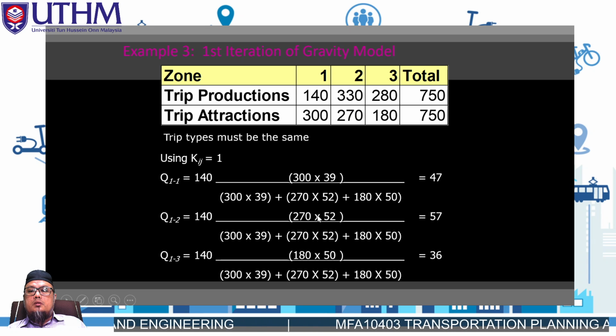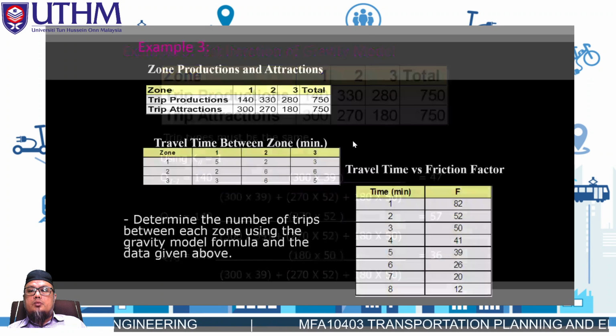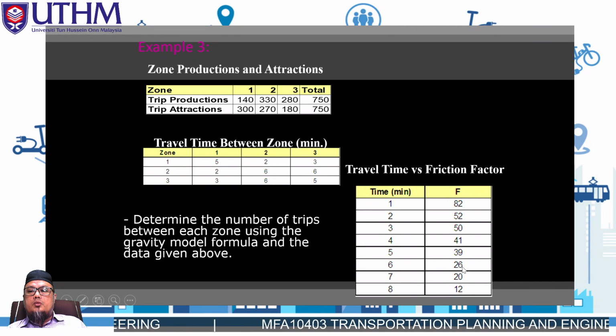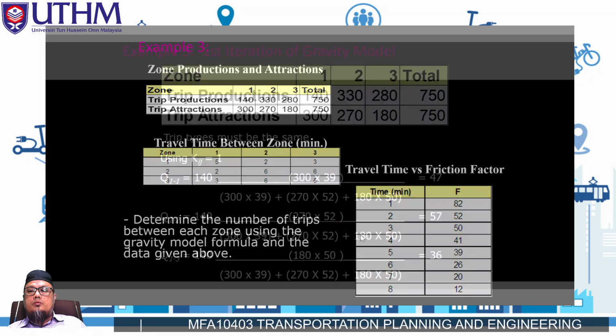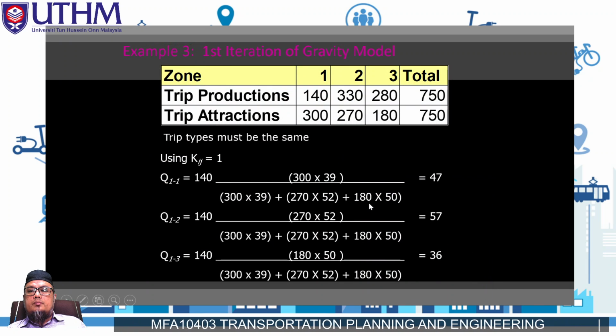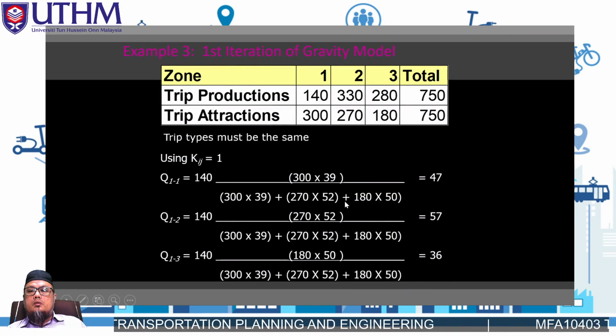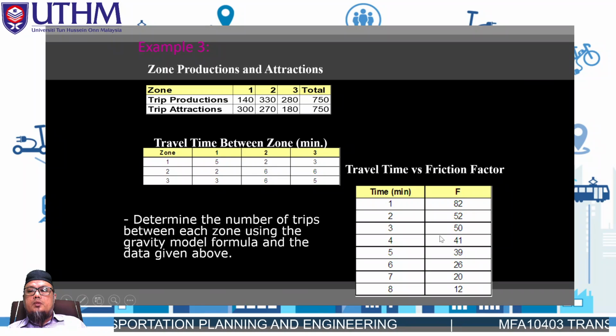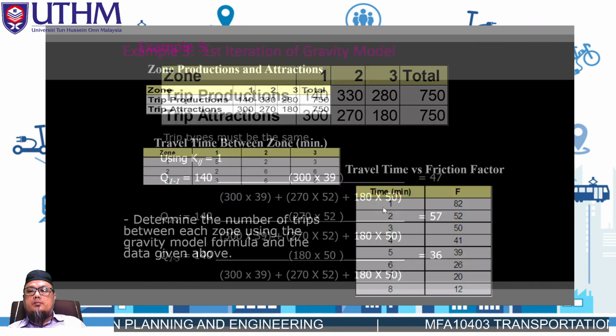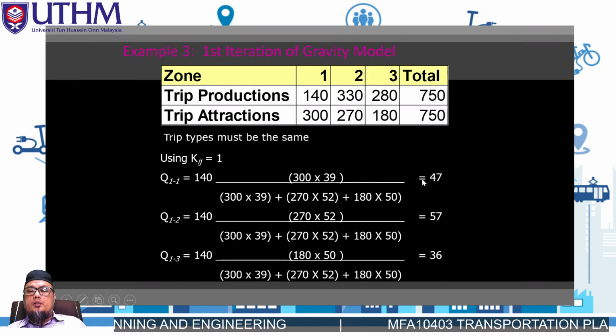This one is 52, so travel time 2 minutes. So 100 multiplied by 50, and this one is 3 minutes. So now we obtain Q11 is 47, Q12 is 57, Q13 is 36.